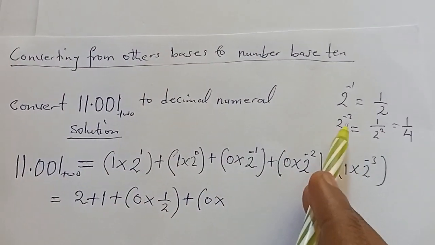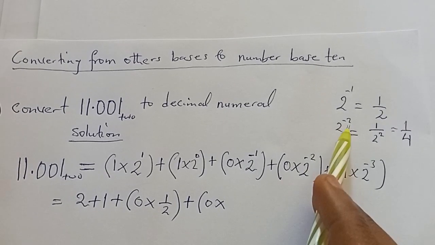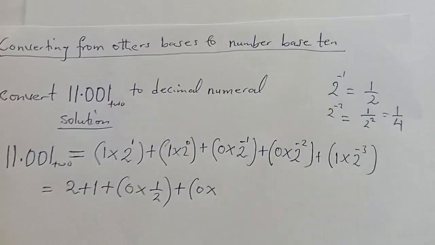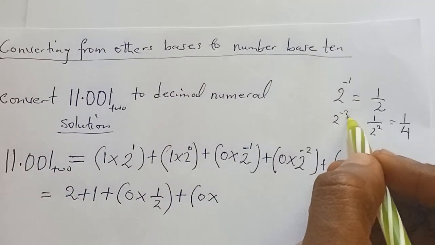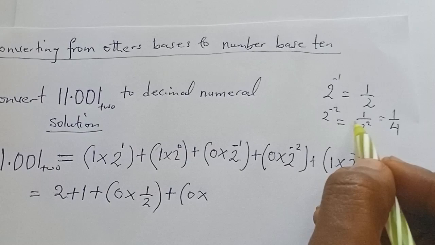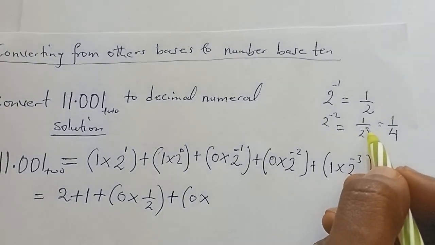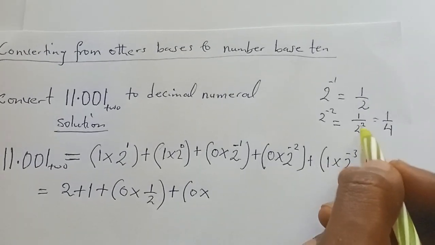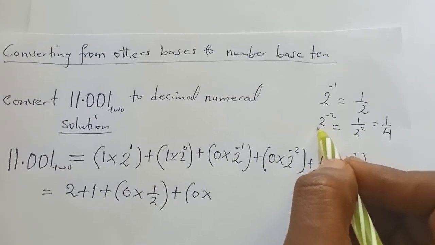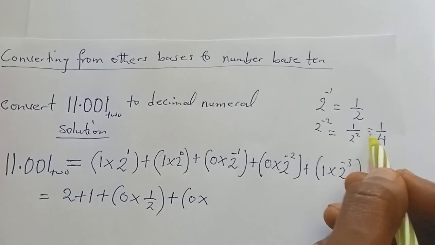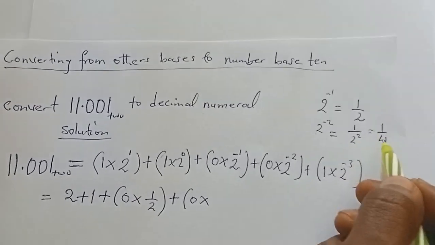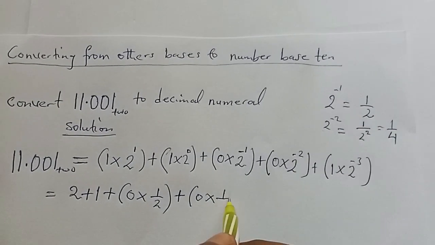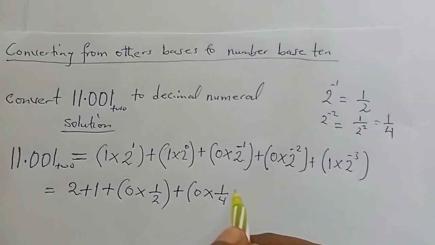It's just like saying you reciprocate: you put the negative power under and make it positive. So 2 to the power of minus 2 is the same as 1 over 2 to the positive second power. 2 to the second power is 4, so this term will be 1 over 4.